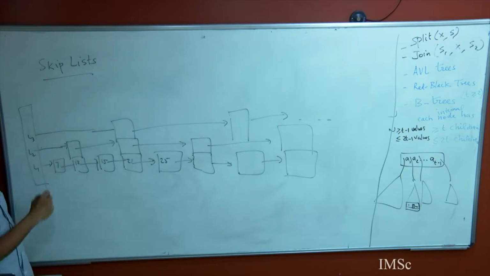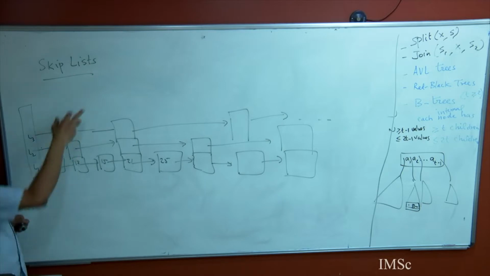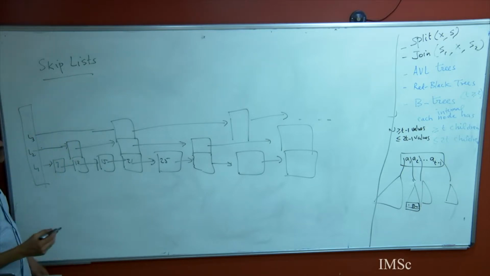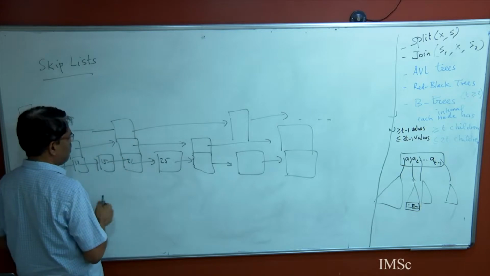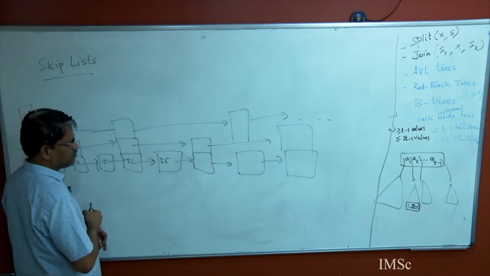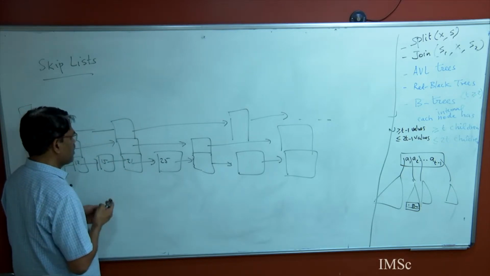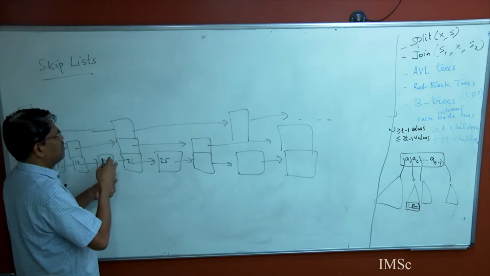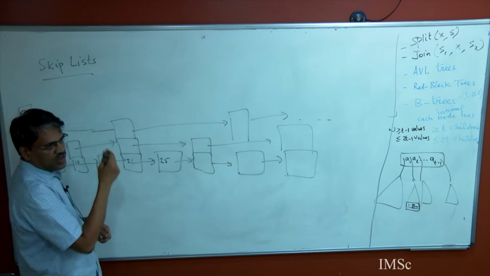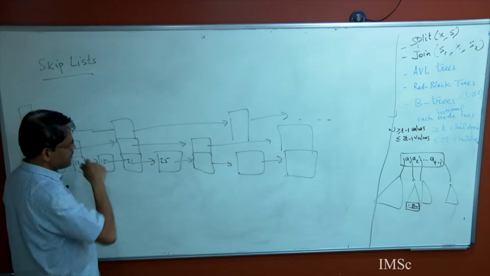L4 will have every eighth element. So how many lists will I have? Log n many lists, right? The last list will have one element. I'm drawing it like this because you can implement it in a way that for every element you know the next pointer in the ith list, whatever list it belongs to.